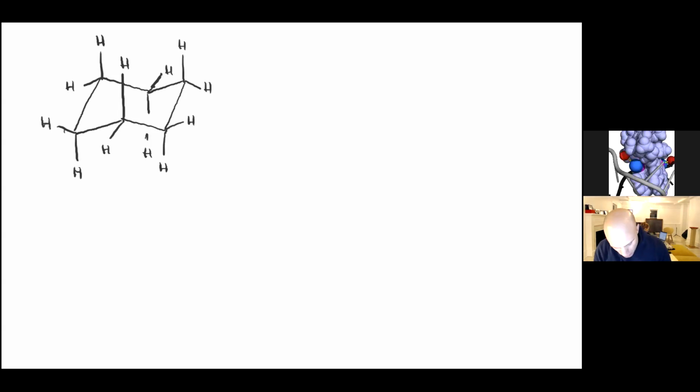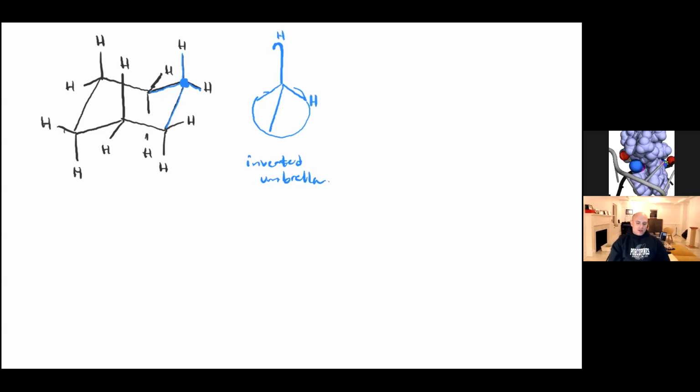Now, if we just zero in on this carbon here, I've got a substituent coming out like this, one over here, one over here. If you imagine that axial CH bond is the handle of an umbrella, and then it's kind of blown open and flipped over, that is where you want to orient everything when you're drawing this.